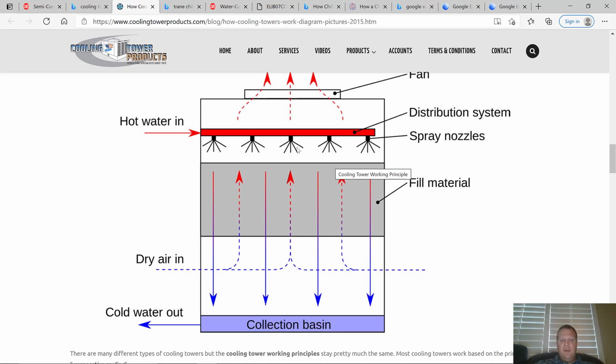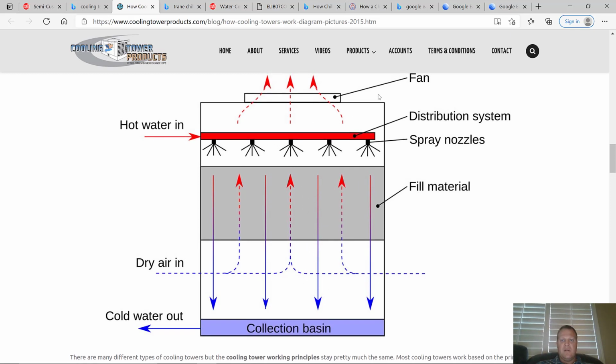Okay, so we've got water coming down that's hot, and we've got air because there's a big fan up here. Big fan trying to just push air, and the air's coming in from the sides, and the air's getting pushed across this water that has been through the spray nozzle to get a lot of surface area.